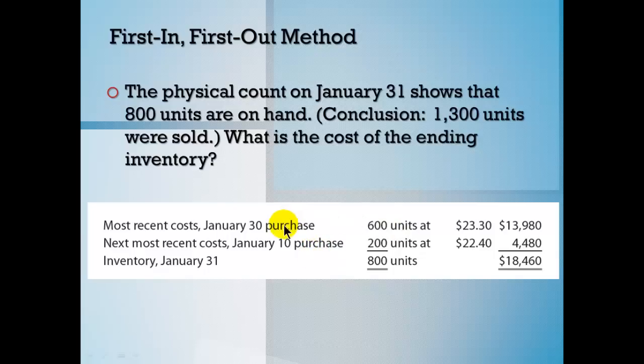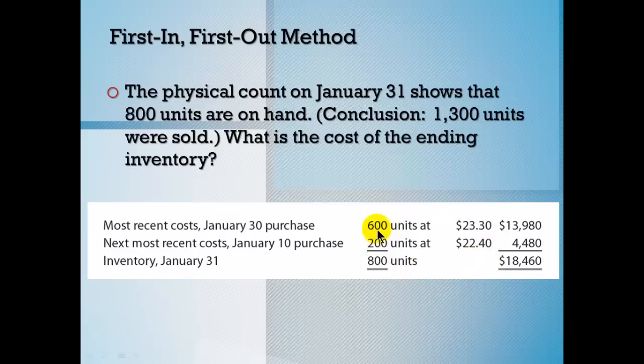What I'm wanting to do is say, how do I value these 800 units? What layers do I have to value them? Well, when I sold the units, remember I started out with 1,000 units at $20. What I'm going to value these ending 800 units at is the most recent purchases that I made.